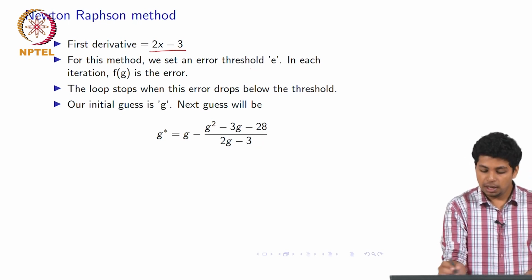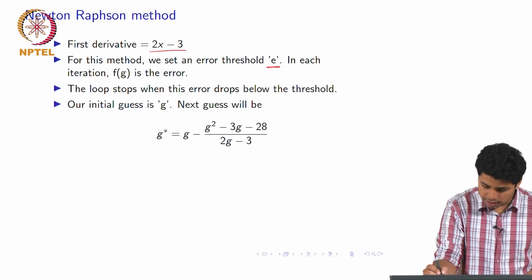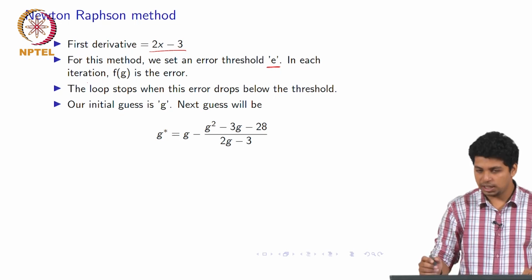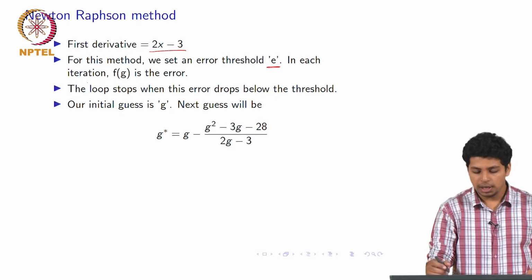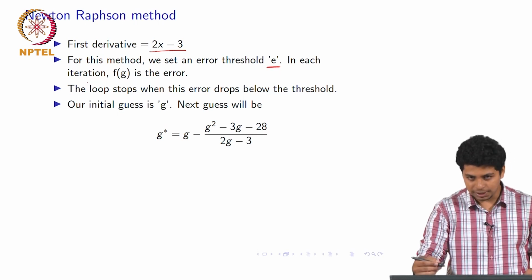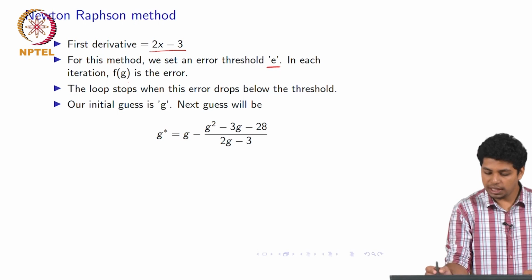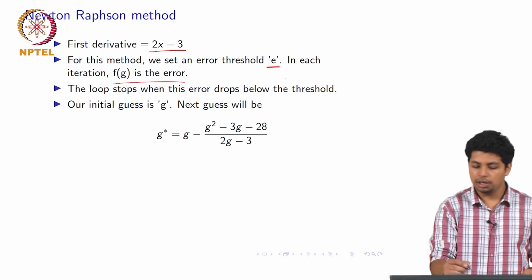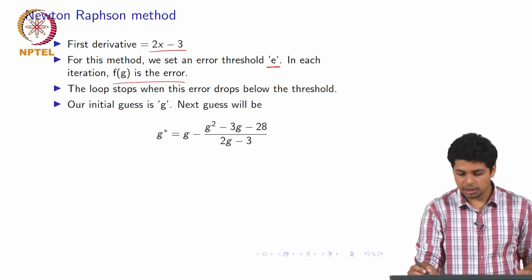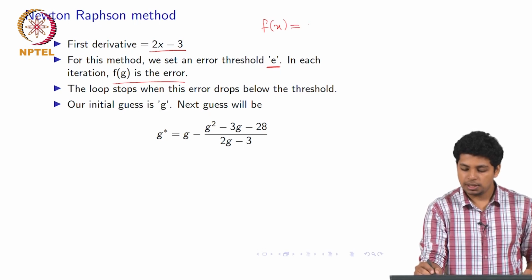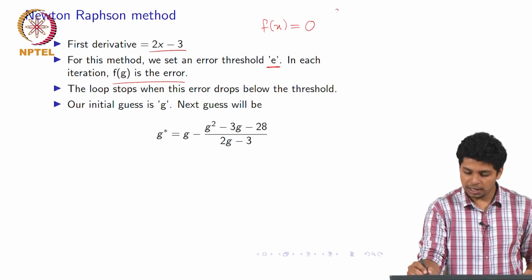Now in this method, we set an error threshold e, and in each iteration that we are running, because essentially when we are updating our guess, what we are doing is iterating the entire method and generating a new value of the guess each time. So for each iteration, f of g will be the error, because typically the way we find the root of an equation is, say we have f of x as a function, and x is a solution for which f of x is 0.